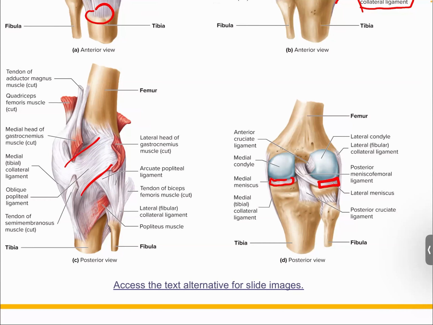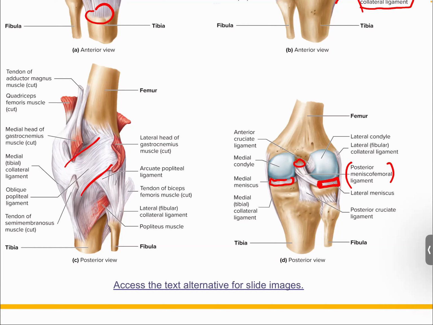On the backside now, for the first time, you can see something you couldn't see from the front, which is your posterior meniscofemoral ligament, which is basically a connecting ligament from the meniscus to the femur. So that's another connection to the femur. You've got three of them already, right? You've got PCL, ACL, and now you've got PML.